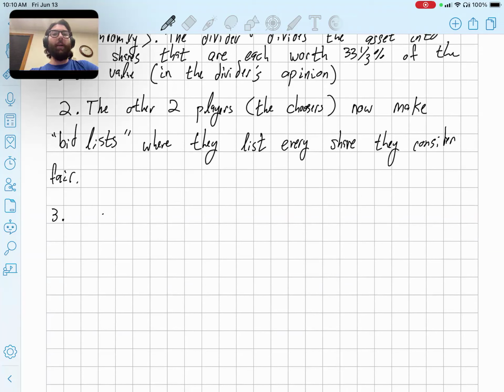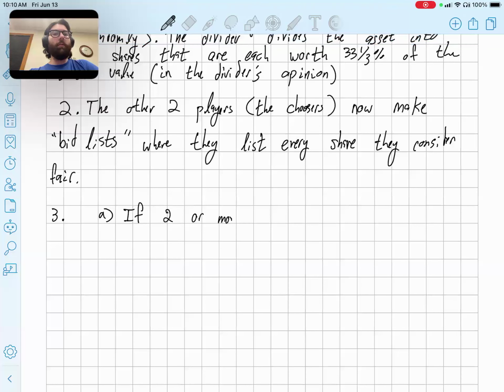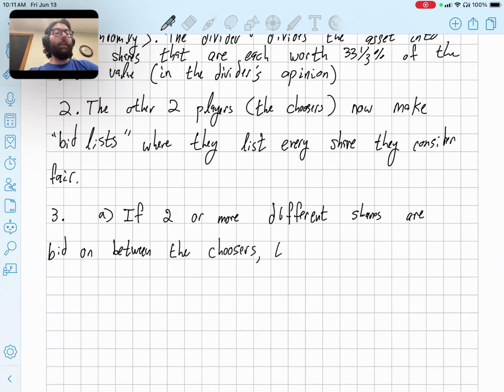So in the first case, so A, if 2 or more different shares are bid on between the choosers, then shares can always be assigned fairly.